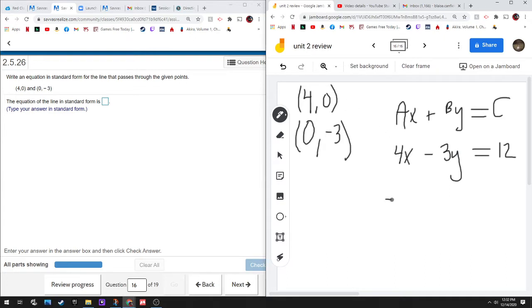So maybe I need to say negative 3x plus 4y is equal to 12. Let's see if that works. So when x is 4, oh no, that gets me negative 12 there. So maybe it's 3x plus 4y. So when y is 0, the 3x goes in, that's 4, yep, that's good. Now 0, negative 3. Oh, nope, that won't work because we need a negative there.